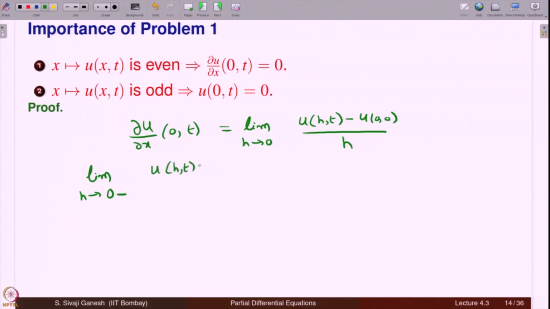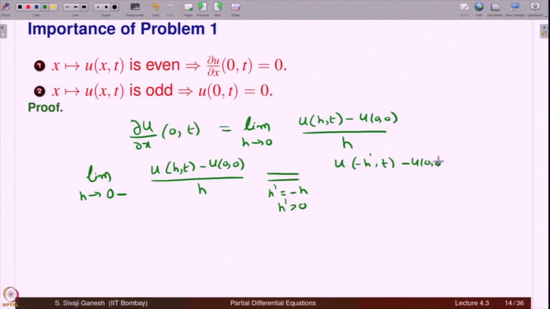This is exactly the same difference quotient as before. Now we are going to input this information. So I put h prime equal to minus h, then h prime will become positive. So then what I have here is u of minus h prime comma t minus u of 0 comma t, divided by minus h prime, of course with limit h prime goes to 0 from the positive side.